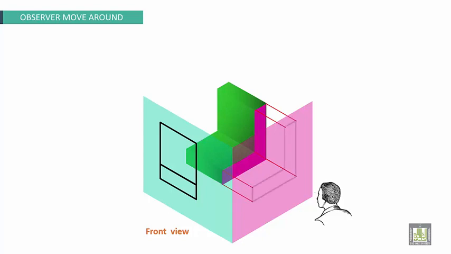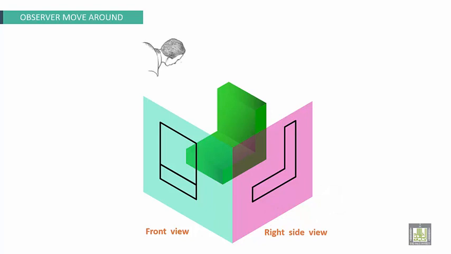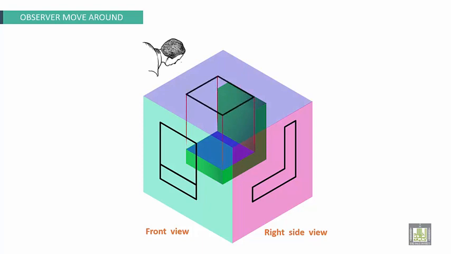He can see this, the right side view. If he revolves from the top, now he sees the top view.